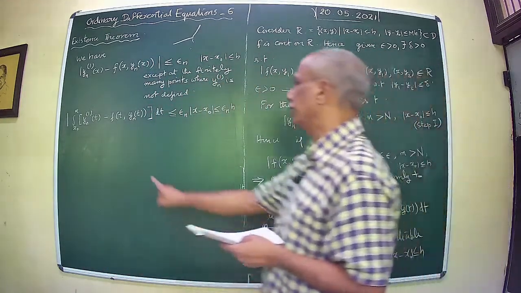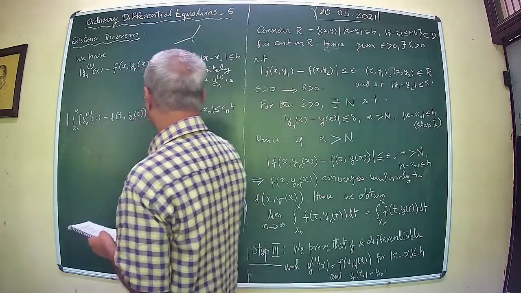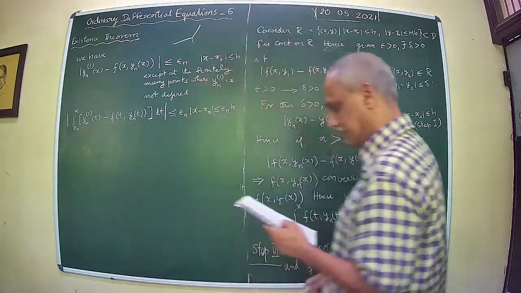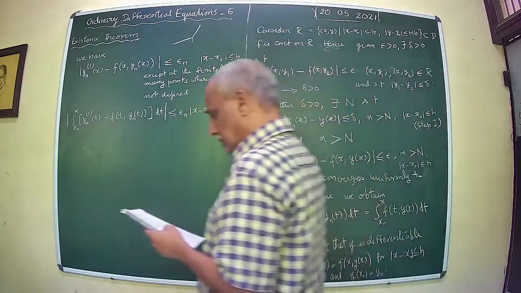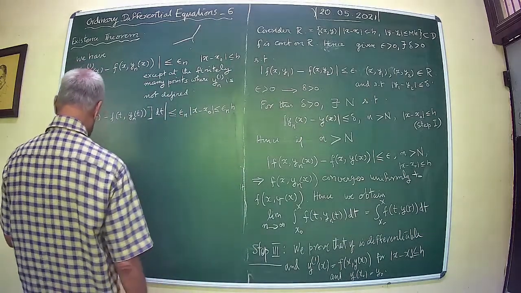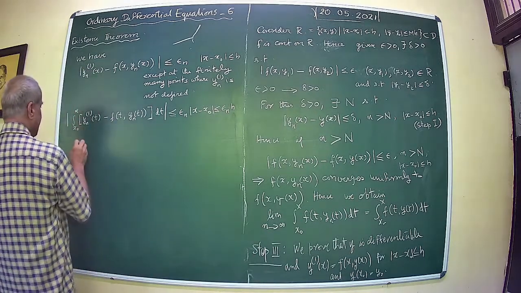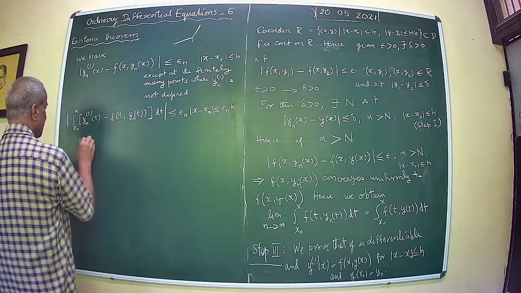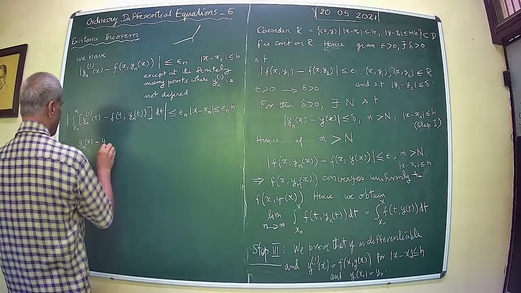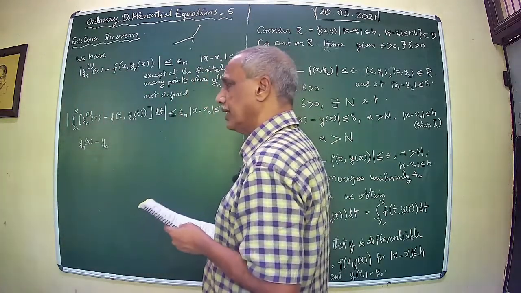We need one intermediate step where this absolute value is taken inside. That's very simple. Now what we do is we work with this. So what you get? Therefore you get yn of x, y naught, because you know that every yn satisfies the initial data.